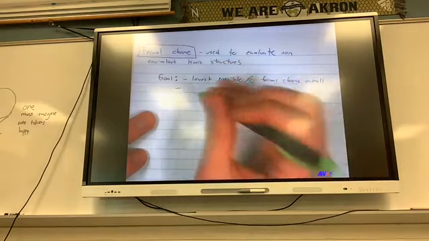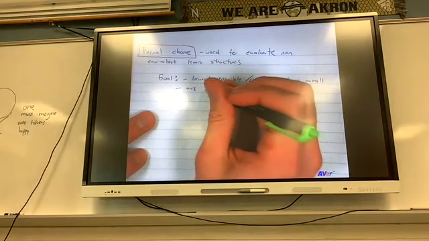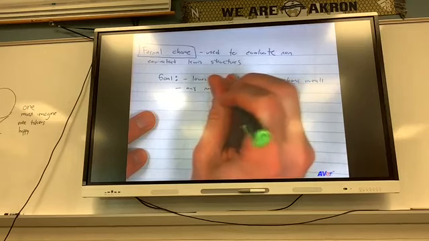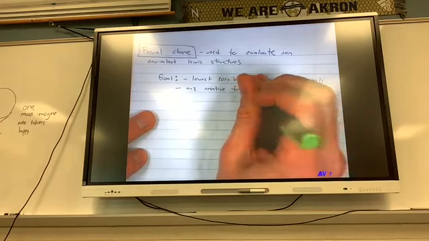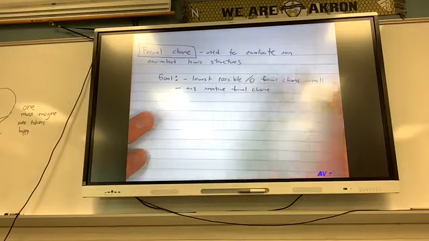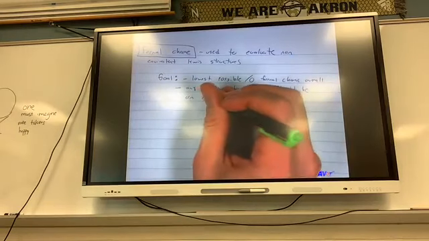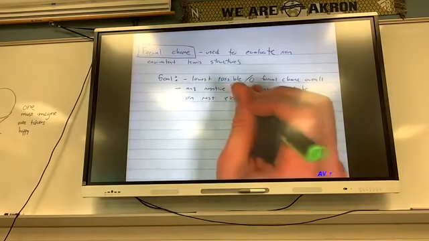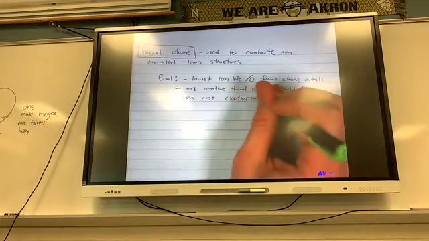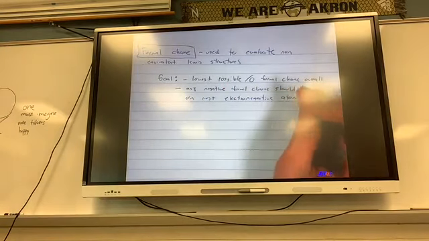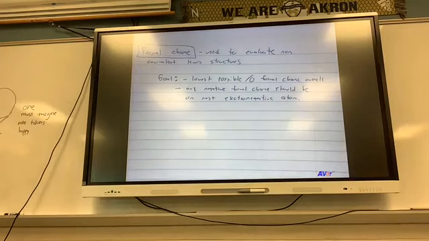Goal number 2, any negative formal charge, so if I have to end up with a negative, it should be on the most electronegative atom.